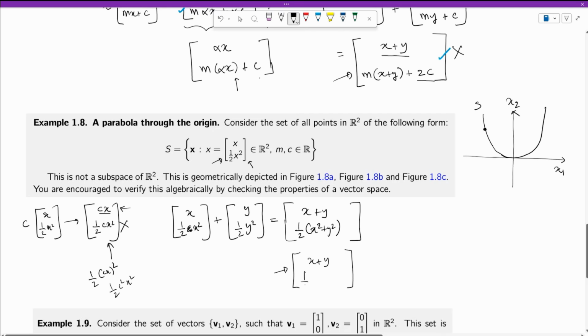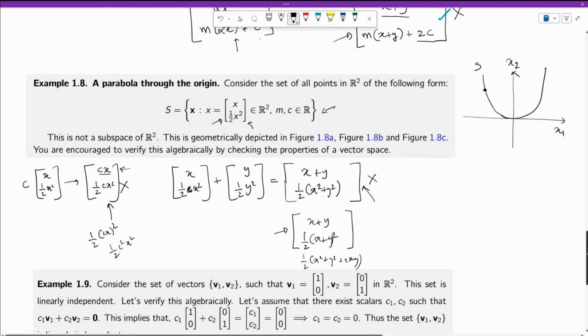It should be half of x plus y whole square. What is half of x plus y whole square? What you have is only x square plus y square. There is no 2 times xy. That means this is not closed under vector addition also. So this is not a subspace. It's a subset of R2, but not a subspace because it does not satisfy the properties of a vector space.